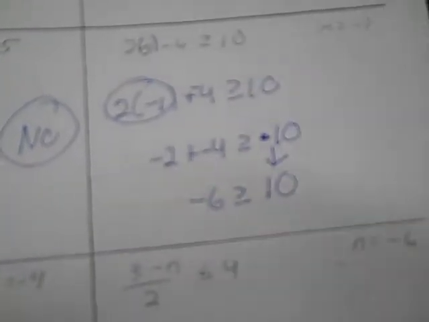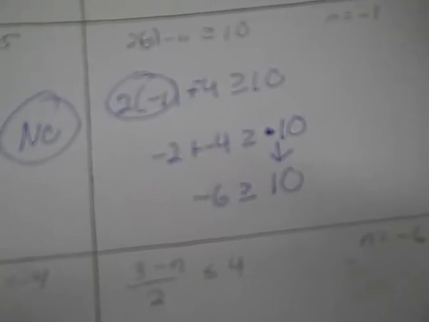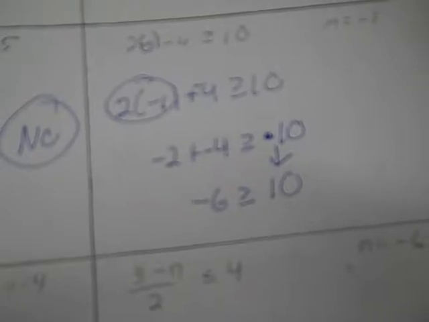So now I'm down to 2 numbers. This is my bigger number. Does the sign open up towards the 10 like it's supposed to? No, it doesn't. So no, -1 is not a solution to that inequality.